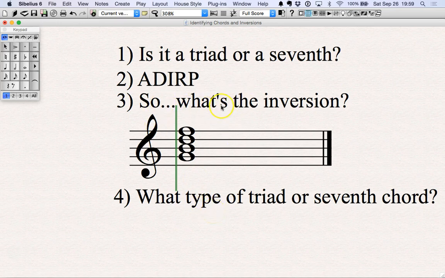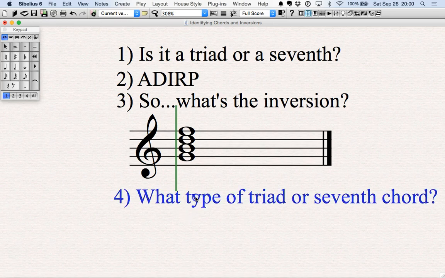By recognizing whether it's in an inversion or root position off the bat, you have already written down, oh, it's in root position, or it's in first inversion, or whatever it might be. And then, now that you're looking at it again, since you've A-derped it, you can now do a better analysis of what kind of seventh or what kind of triad it is.